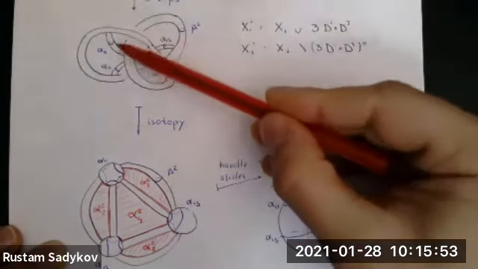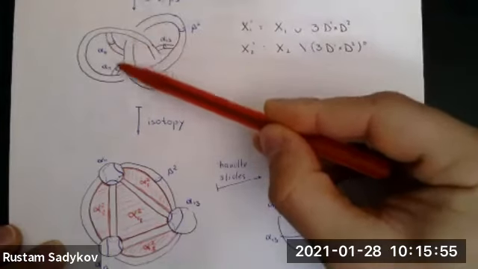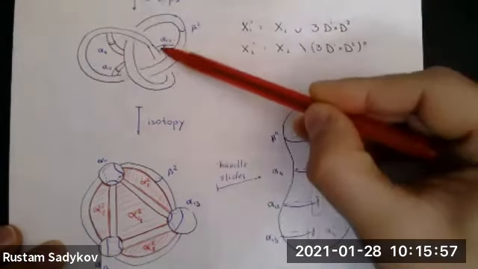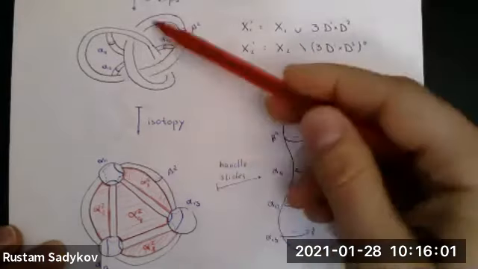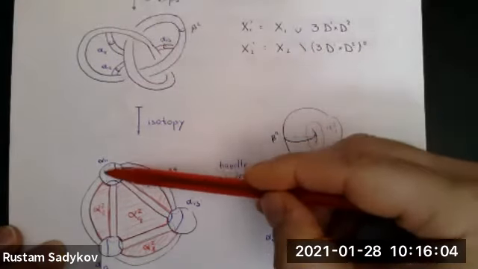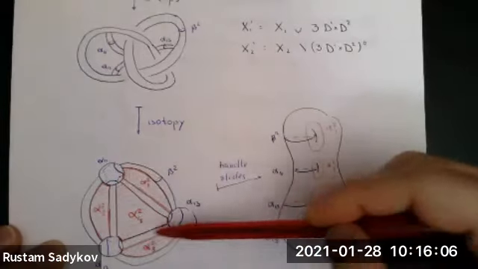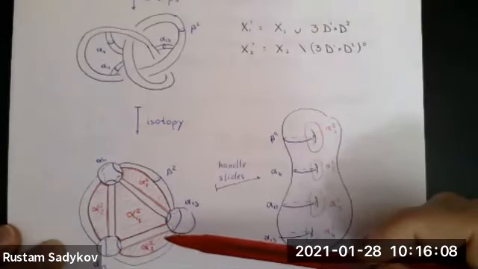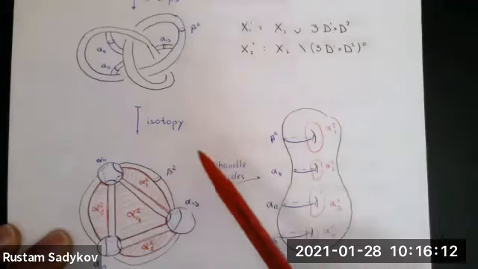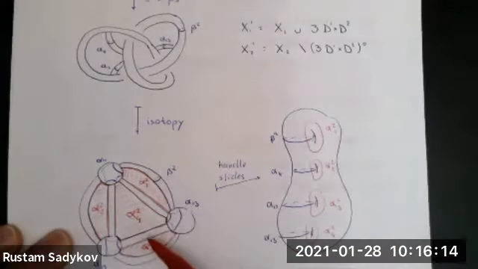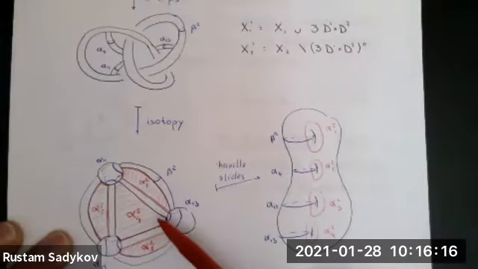One has to be somewhat careful with the attaching spheres in the decomposition of X1. After these modifications, they become somewhat more complicated. But in any case, when you have such a picture, the decomposition of the complement, for example, is very easy now to see.